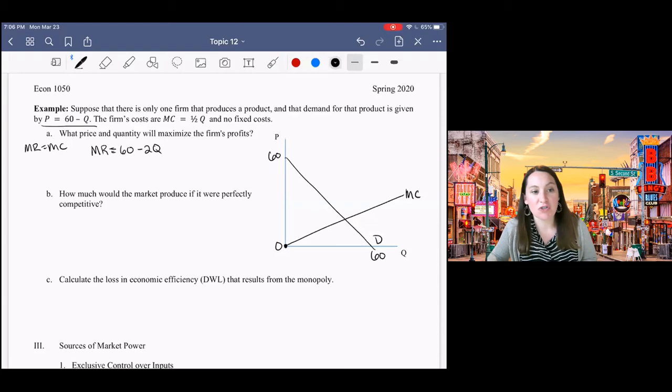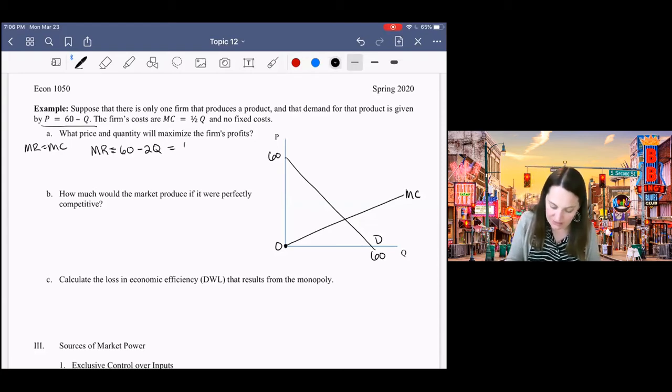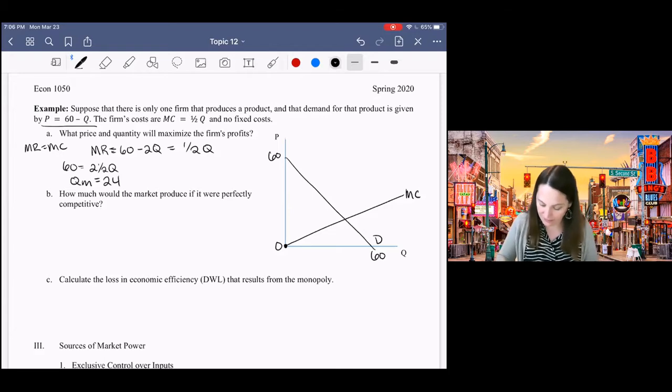So marginal revenue is equal to 60 minus 2Q, and we can set that equal to our marginal cost equation. We get 60 is equal to 2.5 Q, so our monopoly quantity is equal to 24.